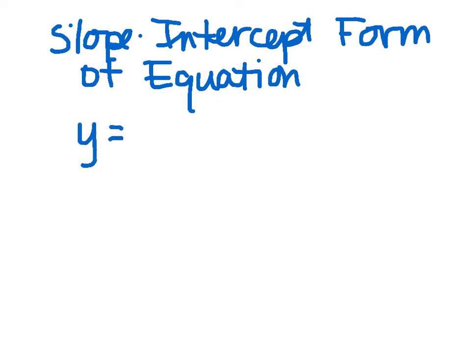We saw from our own experiments today that when an equation is solved for y equals something times x plus a constant, we could see that this number told us where it crossed the y-axis.